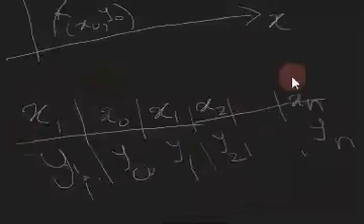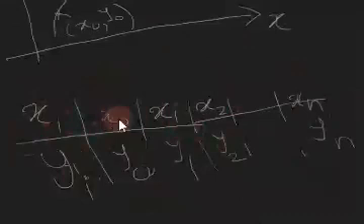If you are given 4 points, that means x naught comma y naught, x1 comma y1, x2 comma y2, x3 comma y3, then you can find a third order polynomial using Lagrange interpolation.